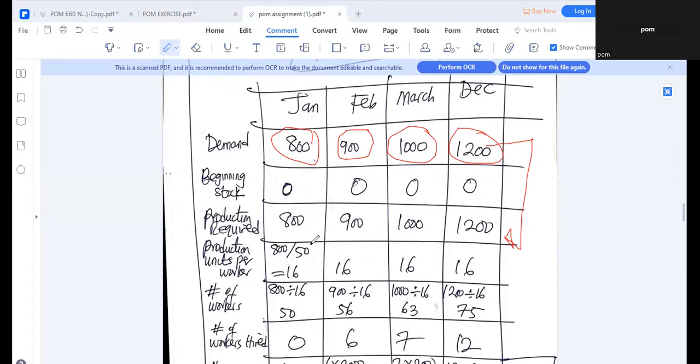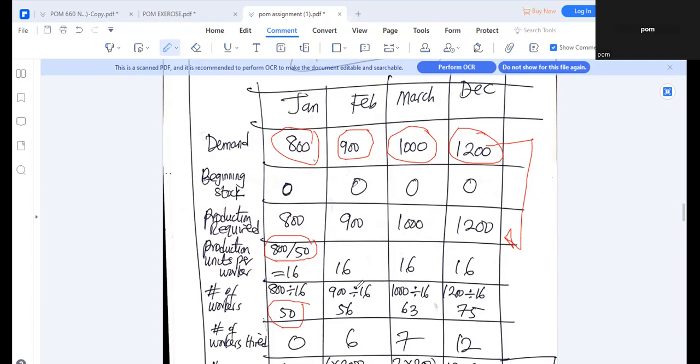Because the starting workforce was 50, in January we had 50 workers. Now we need to find out the production units per worker, which was 16 units per week. Why? Because we had 50 workers to produce 800, meaning one worker was producing 16 units.